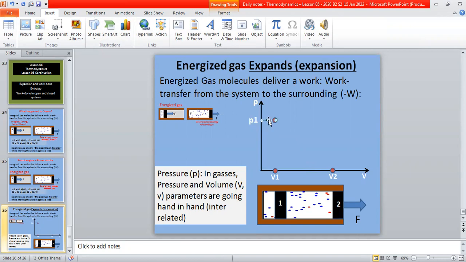P1. I think in your smart device, you will be able to see this. V1. So there can be temperature as well, but I just put only 2. P1, V1. And there can be a corresponding temperature as well. So later we will discuss that.